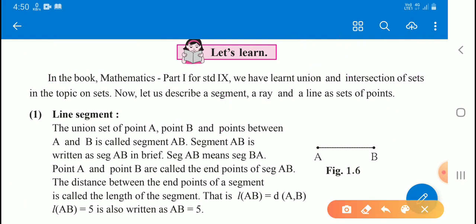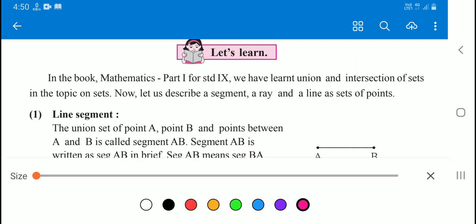Now we will see the intersection of sets.